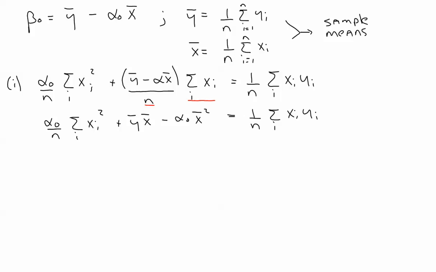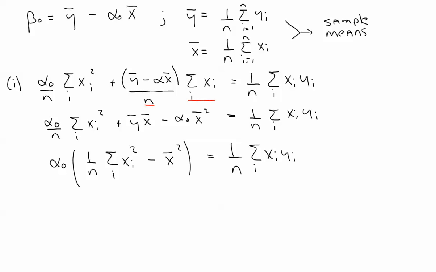And pulling some terms together, I get alpha naught times 1 over n times the summation over i of x_i squared minus x bar squared, and that's equal to 1 over n times the summation over i of x_i y_i minus y bar x bar.